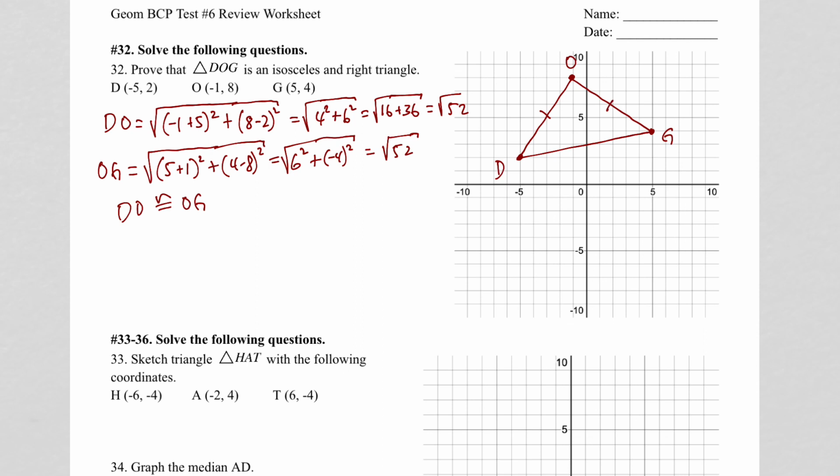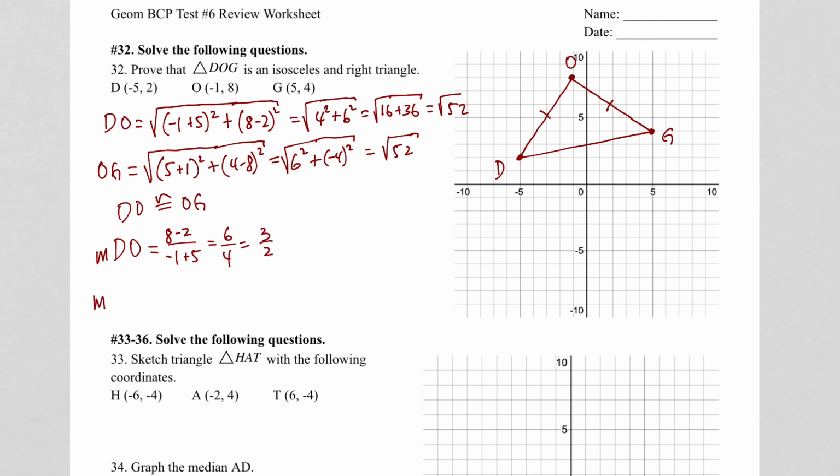Okay. Now, in order to see that this is a right angle, I need to see if this angle has an equal but opposite slope to this angle. So let's find the slope of DO. The slope of DO is y2 minus y1, 8 minus 2, over x2 minus x1, -1 minus -5 or plus 5. This will be 6 over 4, which is 3 over 2.